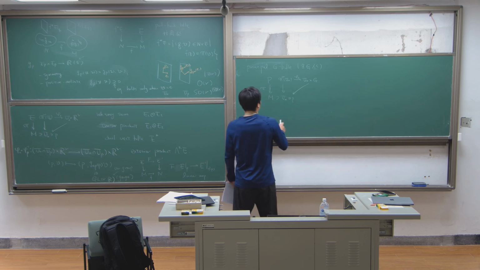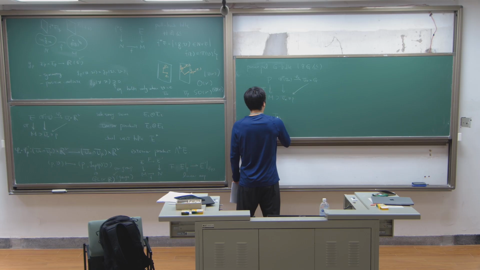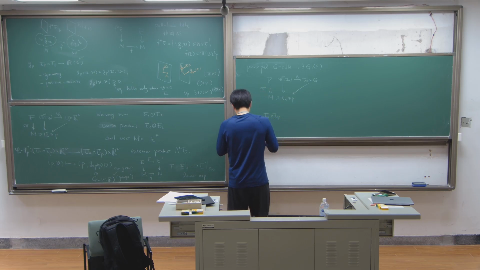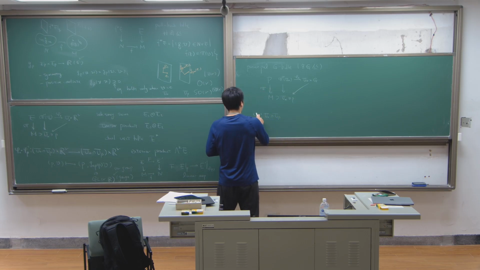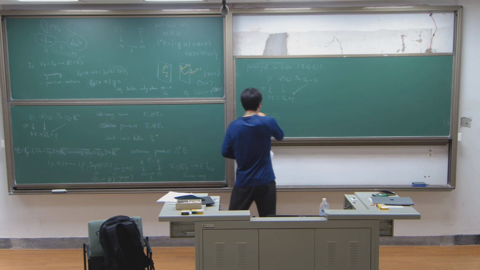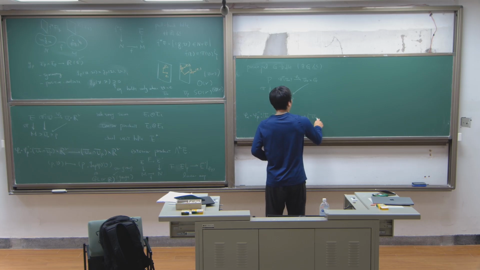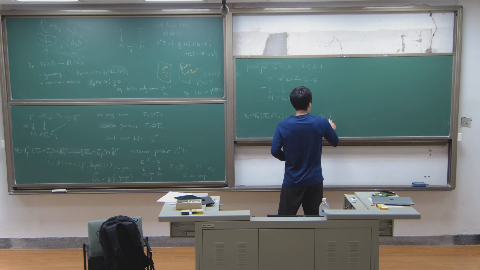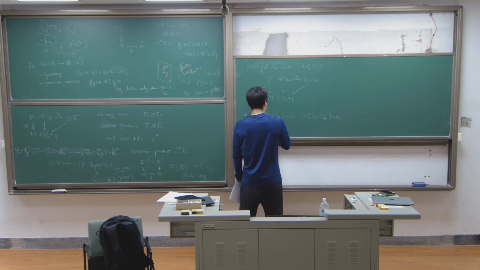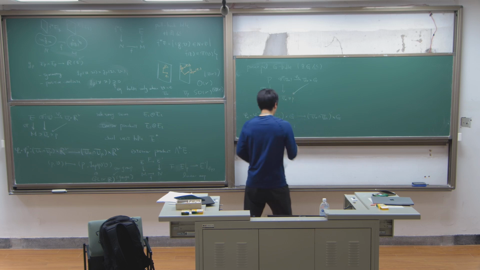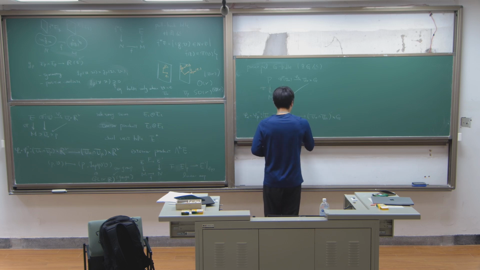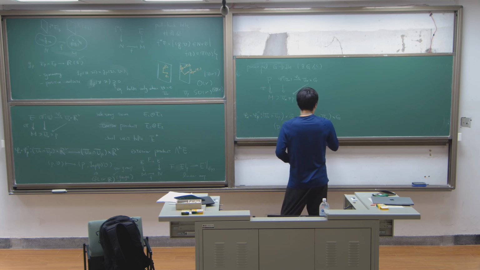The transition function. So you have U alpha cross G to U beta cross G, and then you have point P and G is mapped, H is mapped to P, G alpha beta P times H, like this.